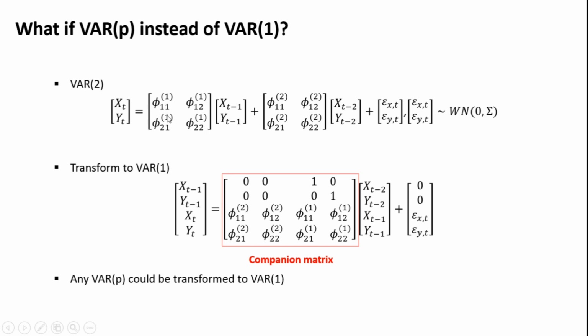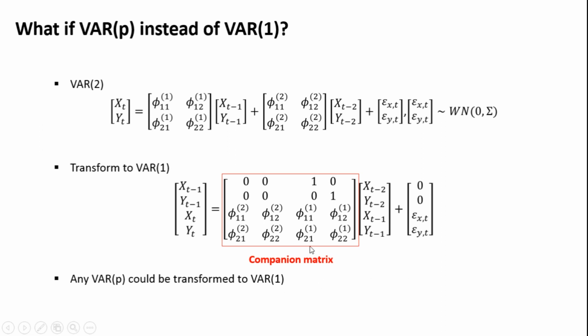So we estimate our couple of variables in function of lagged variables of 1 period and lagged variables of 2 periods. So in this situation, we have a VAR(2). If we make a transformation, we can estimate this relationship so that any VAR(p) could be transformed into a VAR(1).